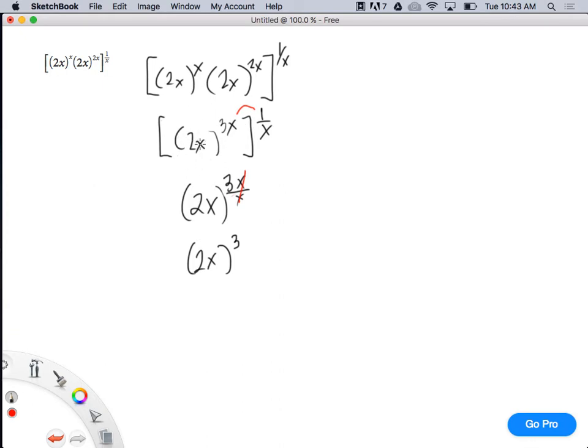Here it's 2x raised to the 3x power. And so I'm not distributing really, I have a power to a power, so I multiply them. So it's 2x to the 3rd power. Now I distribute these in, so it becomes 2 to the 3rd, x to the 3rd. 8 x to the 3rd. And that's my final answer.